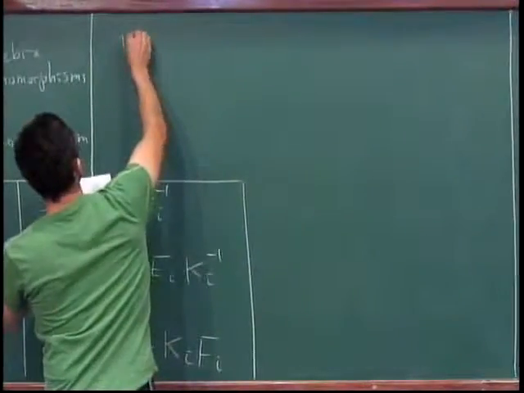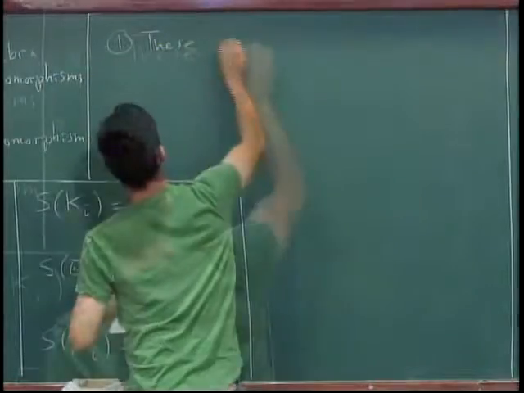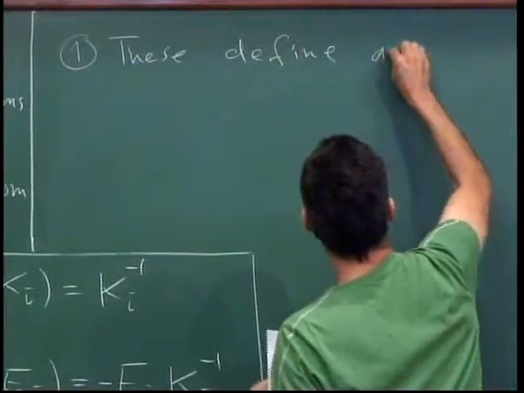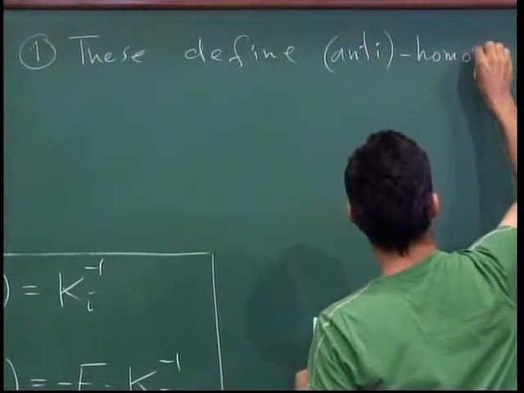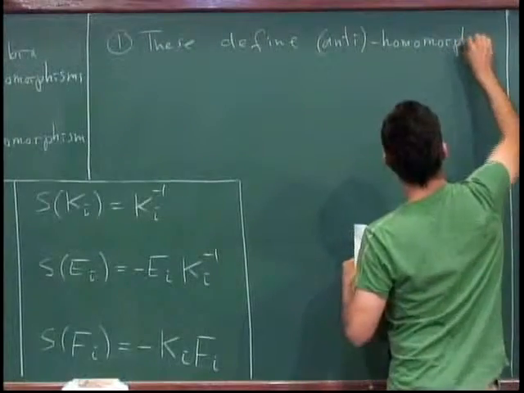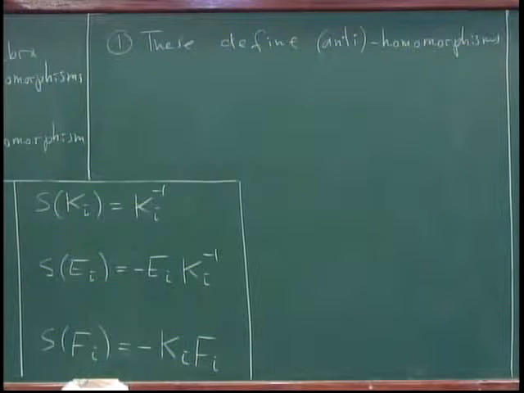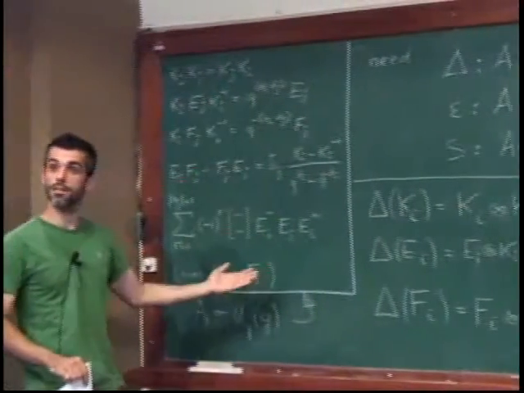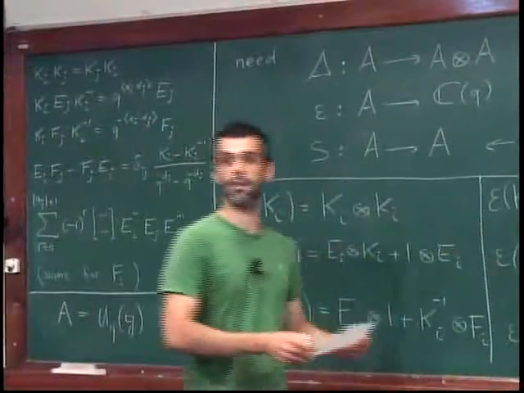So we need to check that these define homomorphisms, well, in the case of S anti-homomorphism. In other words, do they respect these relations? So that's the question of, is this well defined?